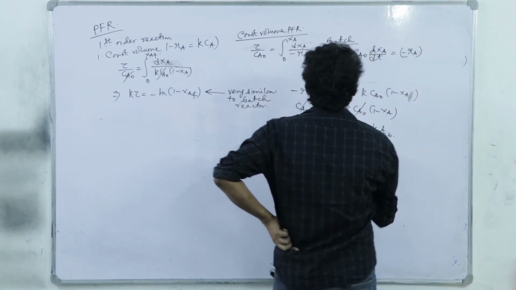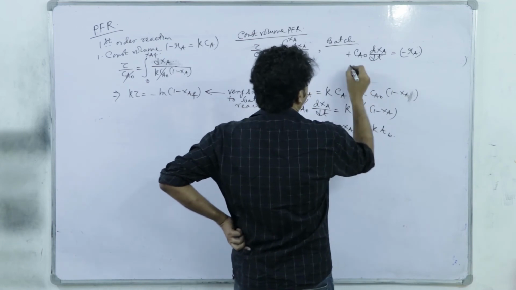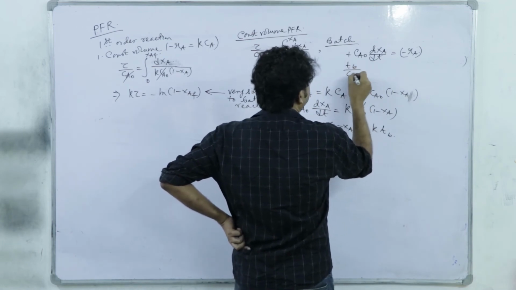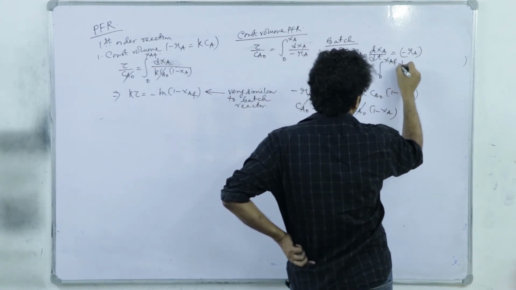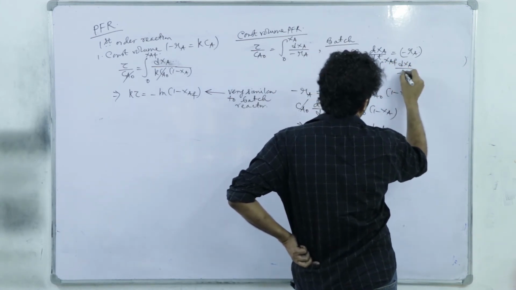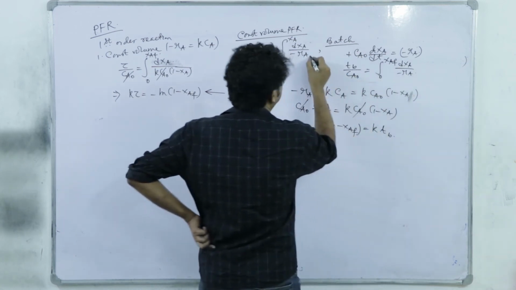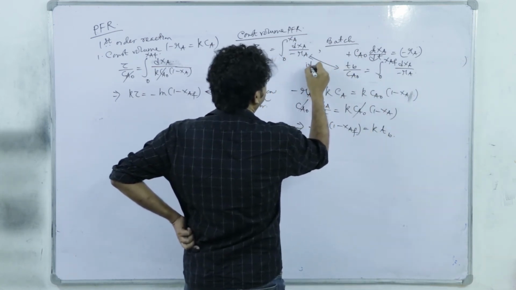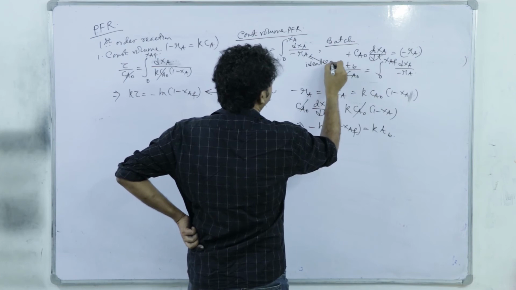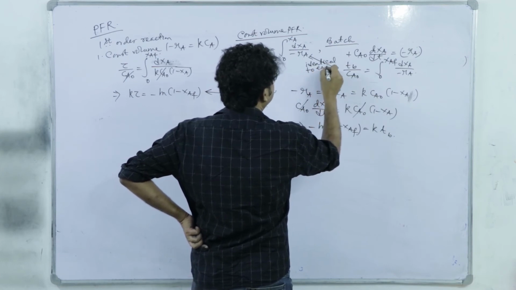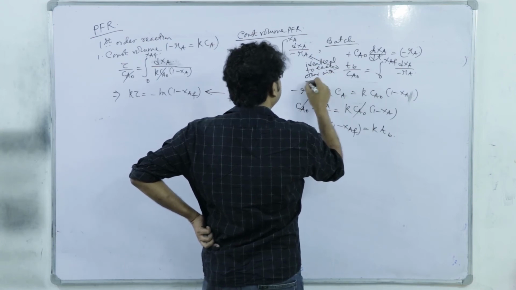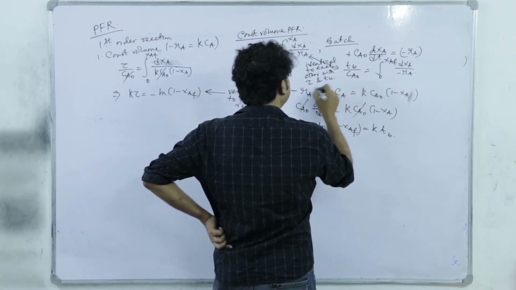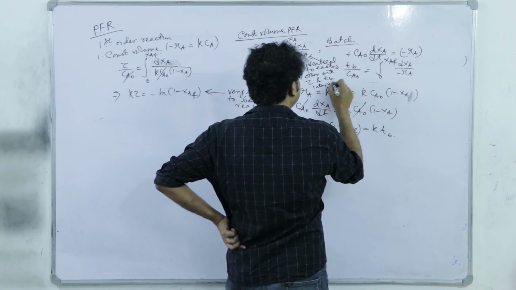So you see that Tb by Ca naught after integration 0 to Xaf is dXa by minus Ra. So they are identical to each other, with tau and Tb interchanging.